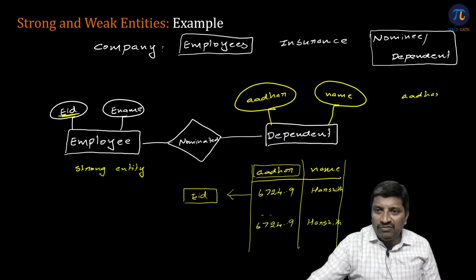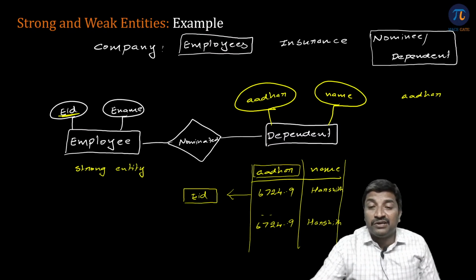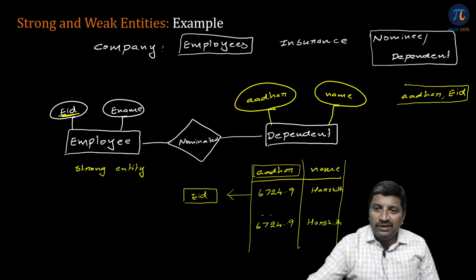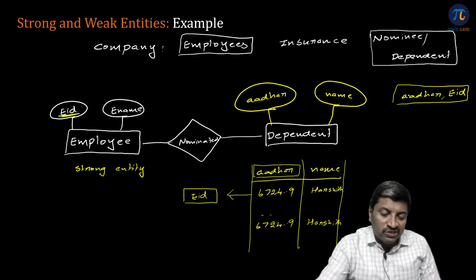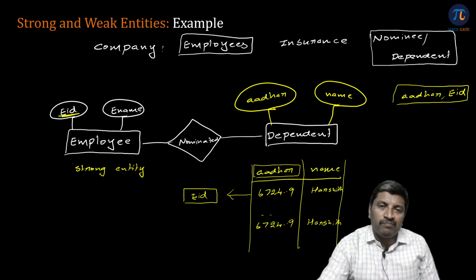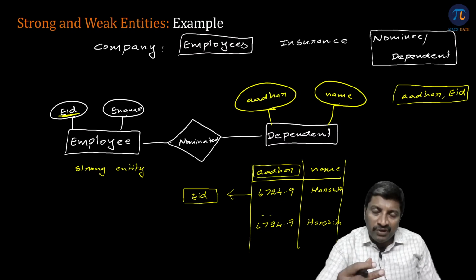If I say only one Aadhaar number, the insurance company cannot identify the record uniquely because it appears two times. So I need to combine it with the employee ID. Whenever I combine Aadhaar and employee ID, the insurance company identifies that this fellow has 5 lakhs insurance because of employee Sudhakar, or this fellow has 2,50,000 insurance because of employee Sita.